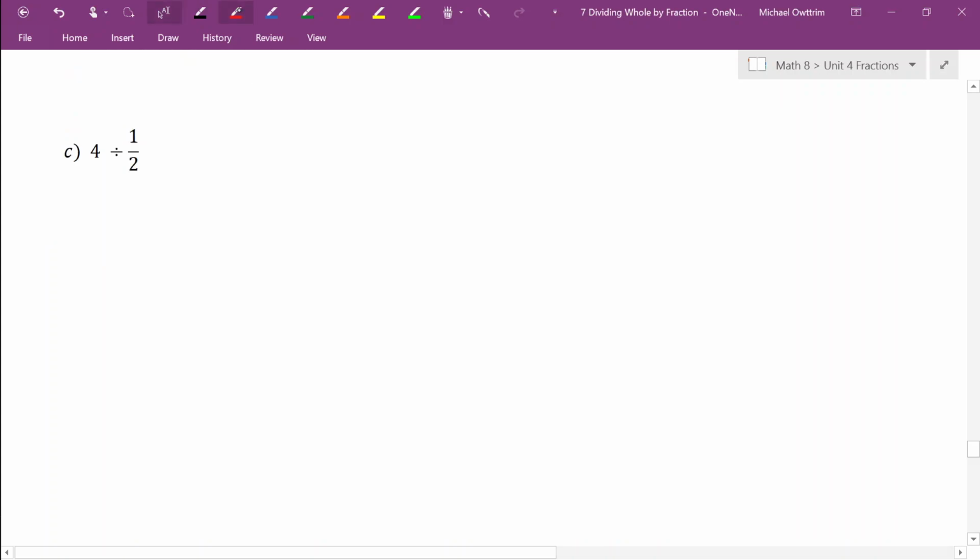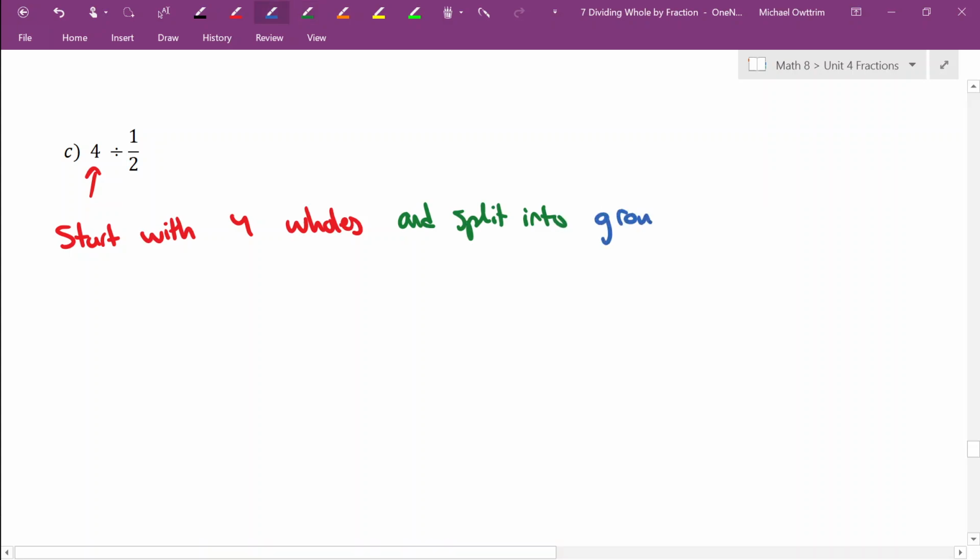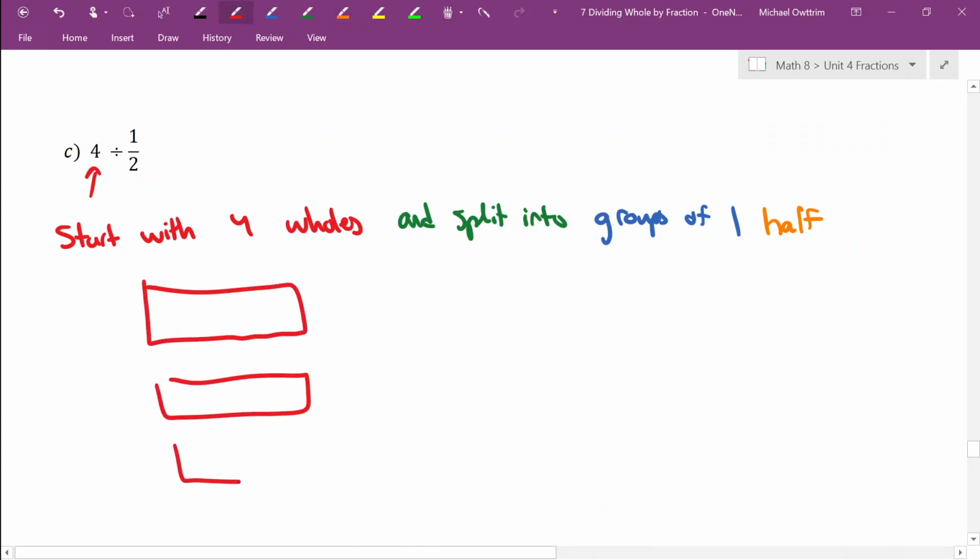Take a look at question C. We've got 4 divided into 1/2. We're going to start with 4. We're going to split it into groups of 1, and our size is 1/2. 1, 2, 3, 4 wholes. Each whole we're going to split in half.